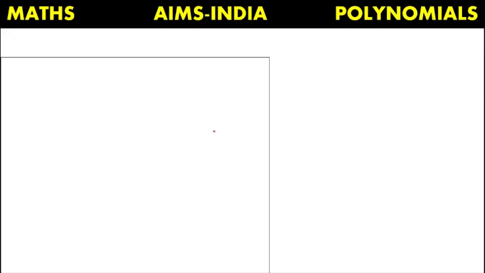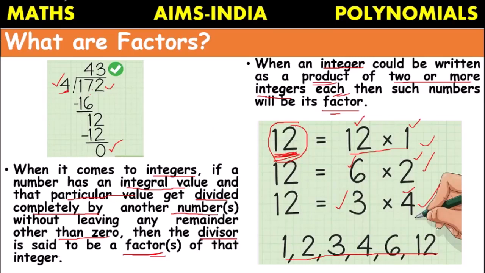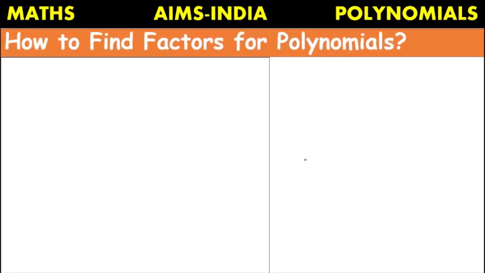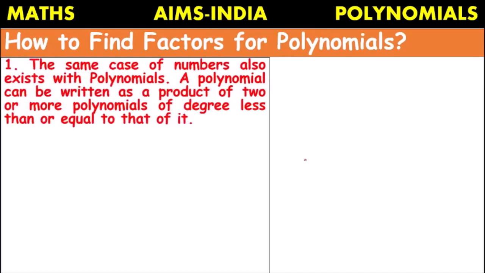In these two examples we have found the factors of numerals. Now let's see how to find the factors of polynomials. The same case as numbers also exists for polynomials.